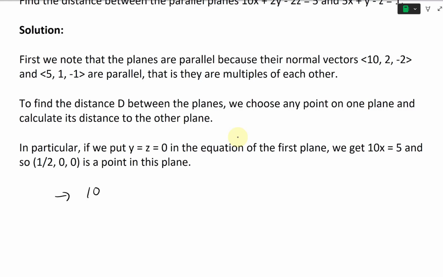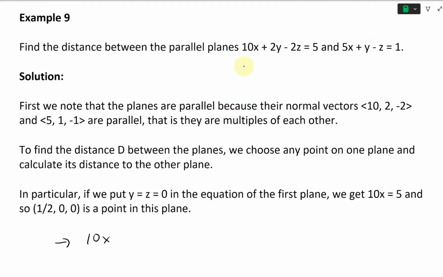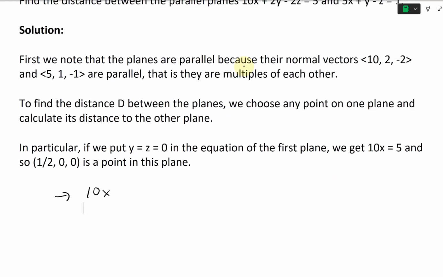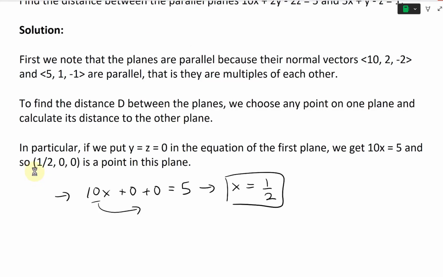So 10x plus 0 equals 5, so 10x equals 5. Divide this out: x equals 1/2. And then we get the point (1/2, 0, 0).